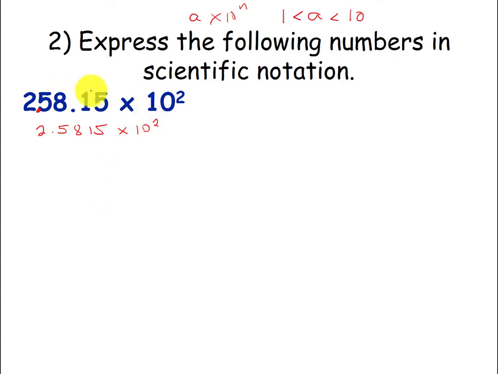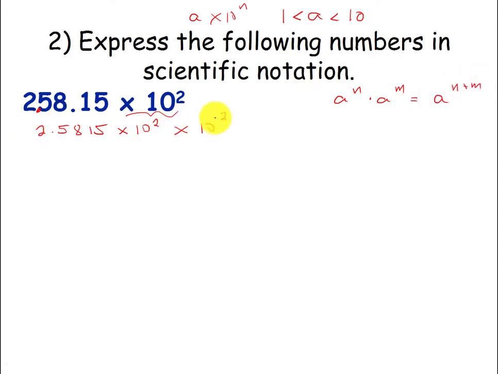Okay. Now, our original number is greater than 1, so your exponent should be positive. Now, note that this is just equal to 258.15. I still have to bring this one down. So, let's bring this one down times 10 squared. Next, we learned before that 10 squared times 10 squared, you have to keep the base and add the exponents.